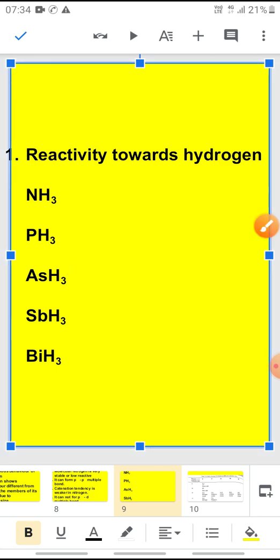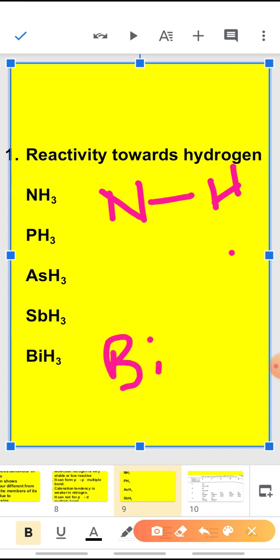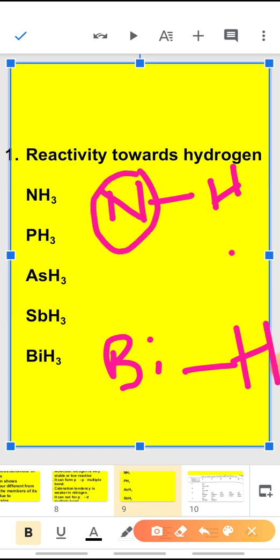Another important thing is thermal stability. When we talk about thermal stability, it depends on the bond length between nitrogen and hydrogen, or bismuth and hydrogen. Nitrogen is small, so the bond length will be less.